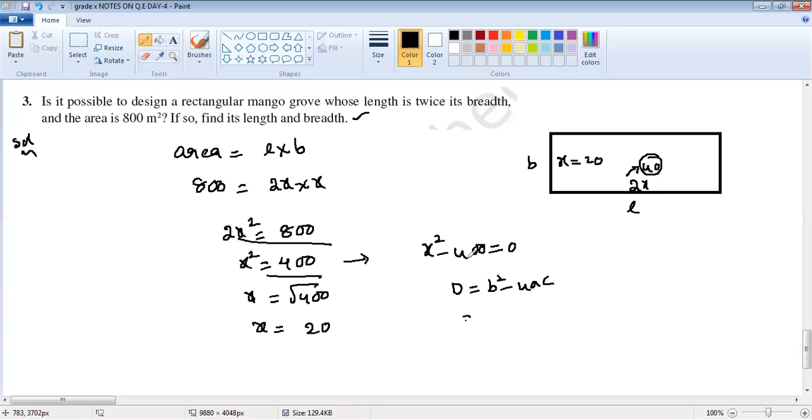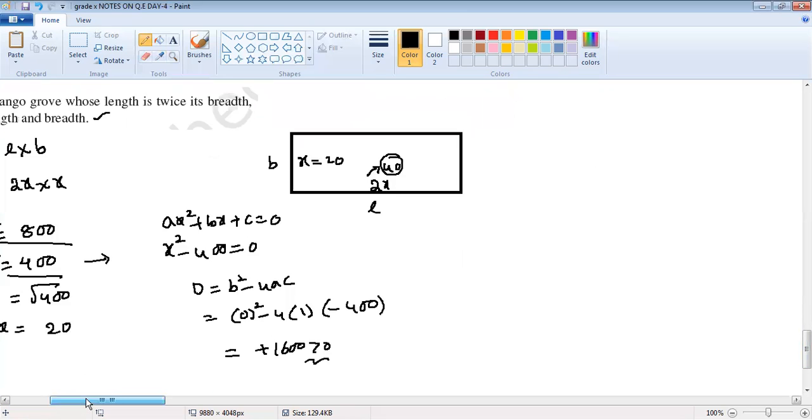When you compare with ax square plus bx plus c, the b value is 0 because there is no x term. So it is 0 square minus 4 into 1 into minus 400, which is minus into minus, plus 1600. 1600 is greater than 0. Yes, it is possible. Very clear? Yes, sir. Okay, this is the way of doing the first one.